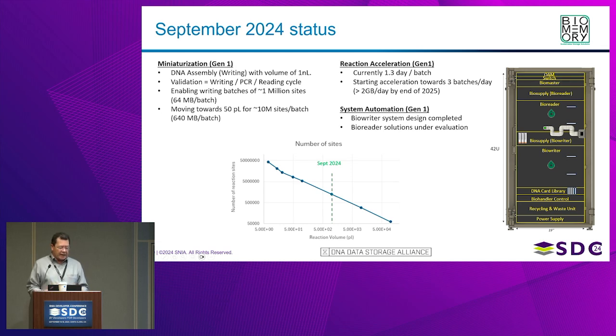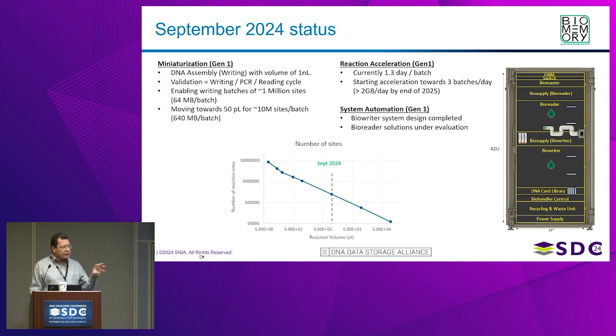And we are migrating to about 50 picoliter for 10 million sites before next year. It's not really a problem. Inkjet printers today are basically picoliter range printing, so this is what we are leveraging. Obviously, it needs characterization.